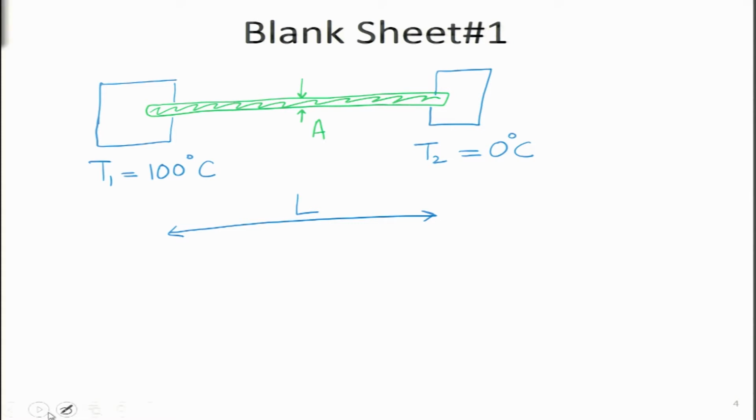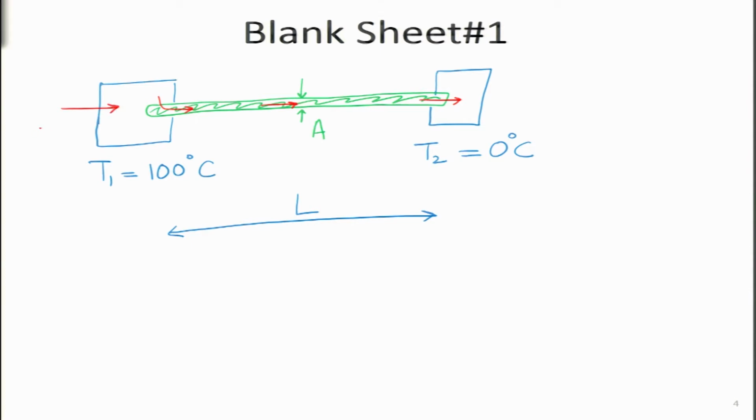Now, obviously, heat will start flowing from the high temperature zone all the way over here, and it will eventually reach the low temperature zone. If we are maintaining these two bodies constantly at 100 and 0 degree centigrade, in that particular case we will have to keep on giving heat over here, and that heat we can remove from over here, and both these values are actually equal.